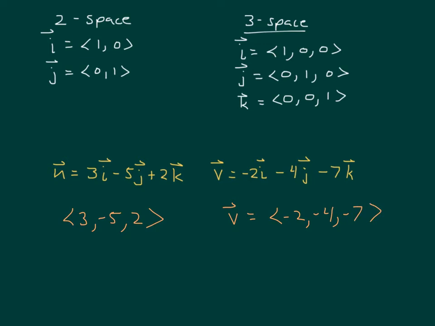You should be familiar with both notations and being able to translate between the two, because you will be asked to do that on the worksheet that I'm going to give you in class.